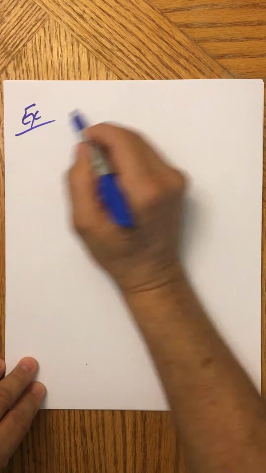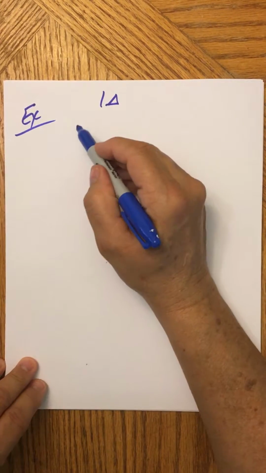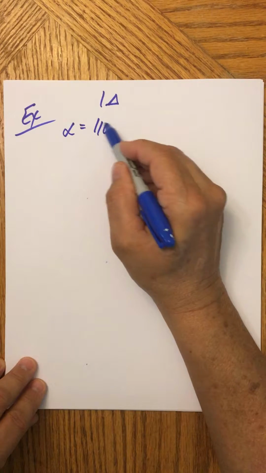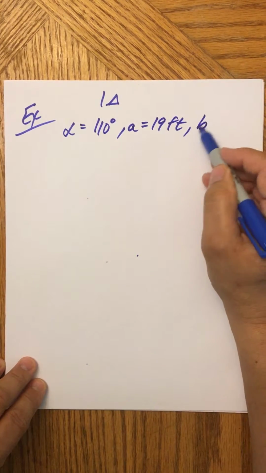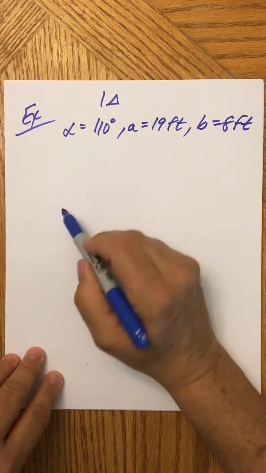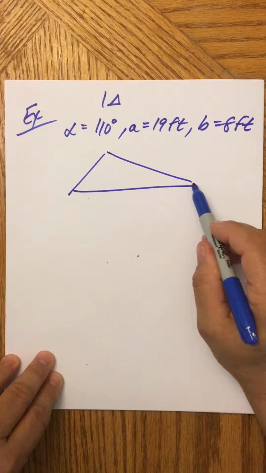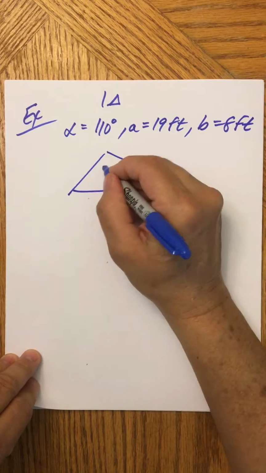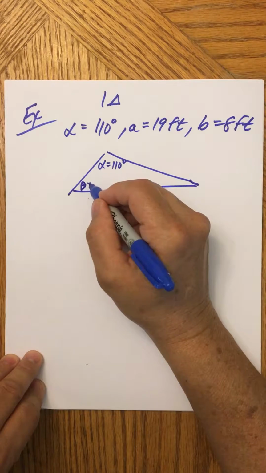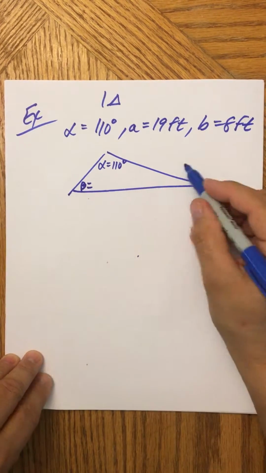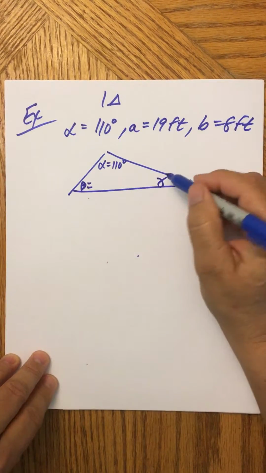So then let's take a look at where one triangle arises. That could be alpha is 110 degrees, A is 19 feet, and B is 8 feet. So again, I draw my little triangle here, and I have alpha is 110 degrees, beta I don't know yet, and gamma I don't know.